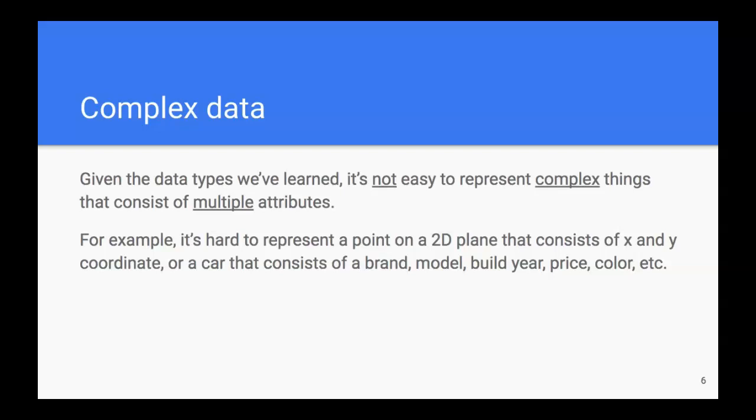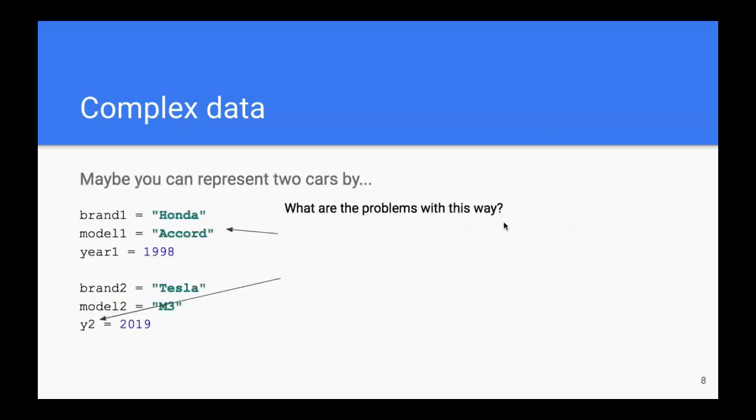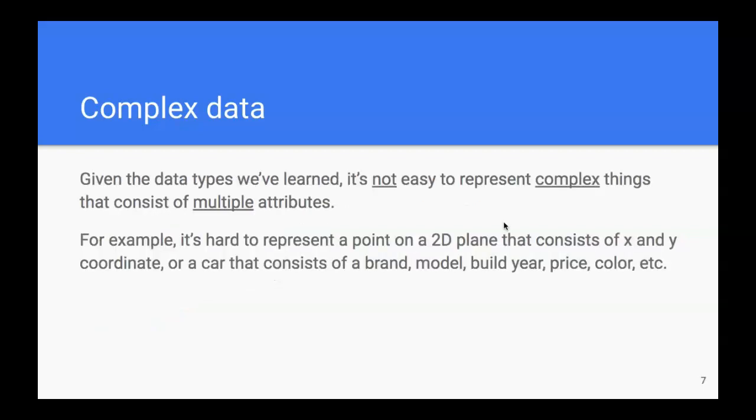That also is another attribute of a car, and then obviously other things like the color and the price and all that. All those pieces of information together represent a car. So it's not that easy to represent a car given what we know so far.